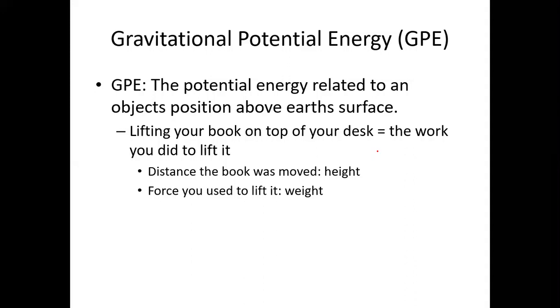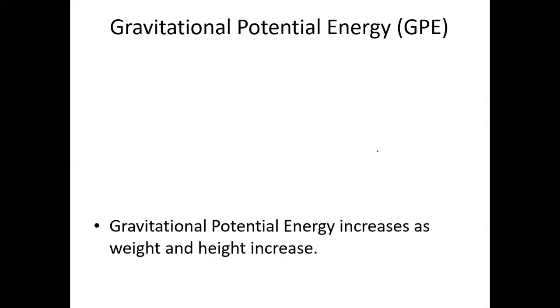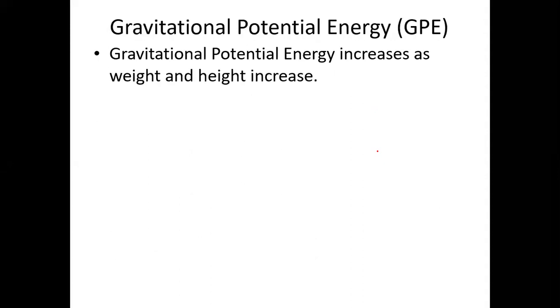Whenever there is force and there is height or distance, work is done. There are two factors that affect gravitational potential energy: weight and height. Gravitational potential energy increases as weight and height increase.